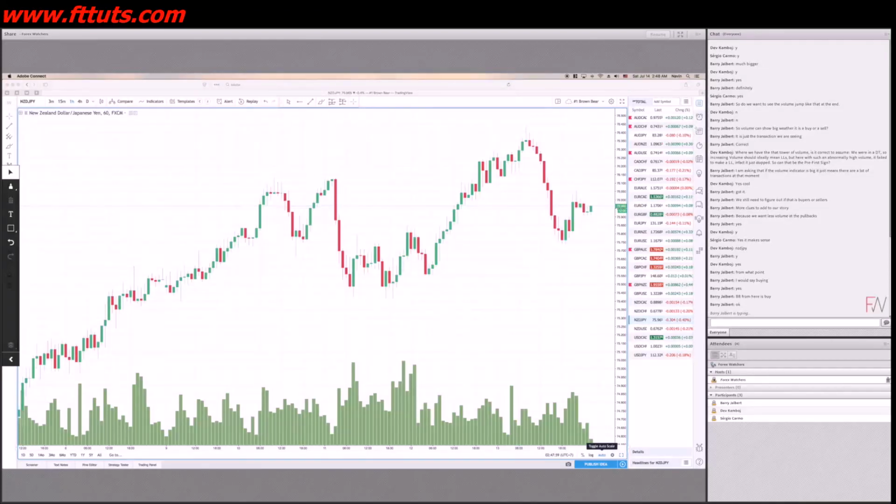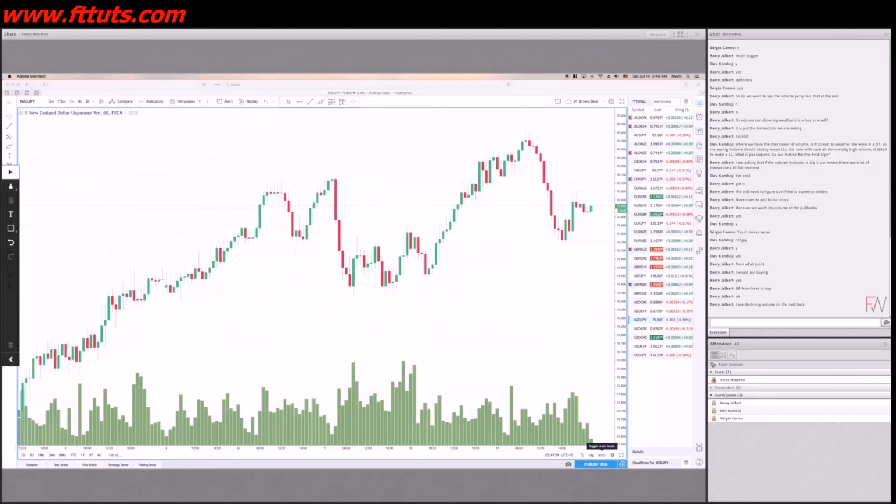And I gave you a drawing tool so you can use the marker if you want to use it. Okay, I see declining volume on the pullback. Okay. Now, is that a pullback to do a sell again?